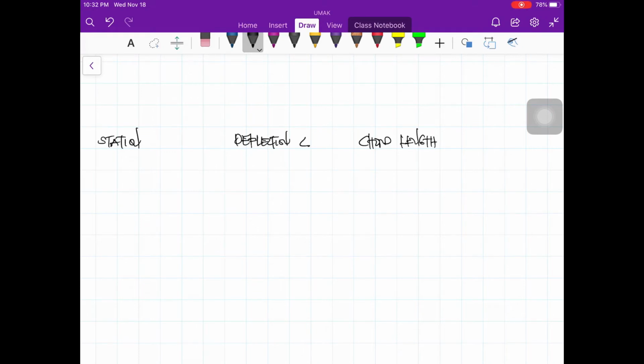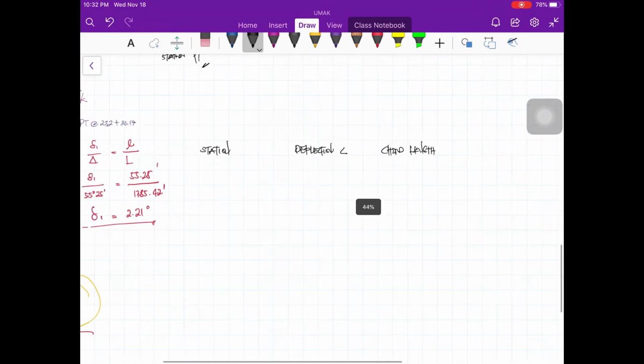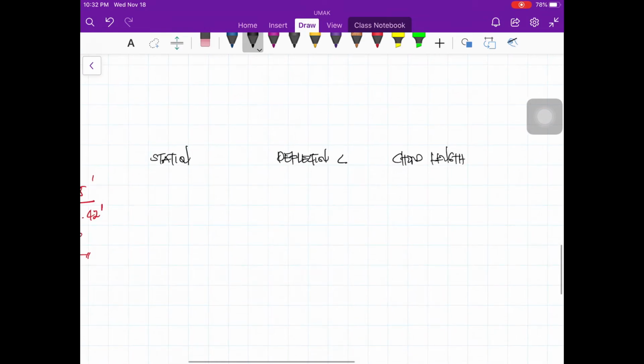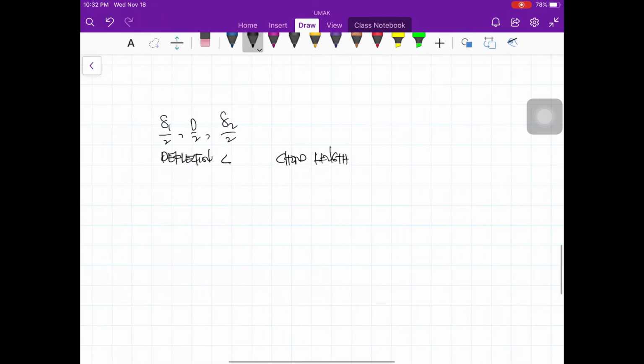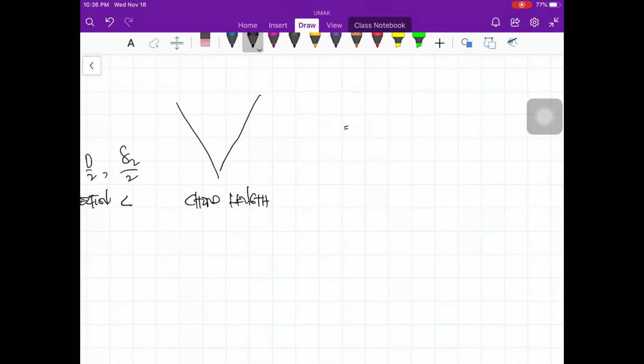How are you going to get the deflection angle? This is gamma 1 over 2, or d over 2, or gamma 2 over 2. So the chord length, it's basic.